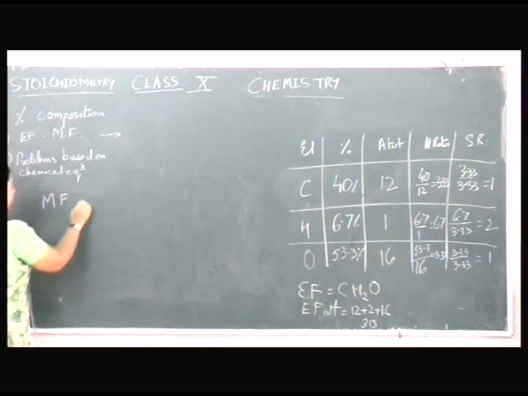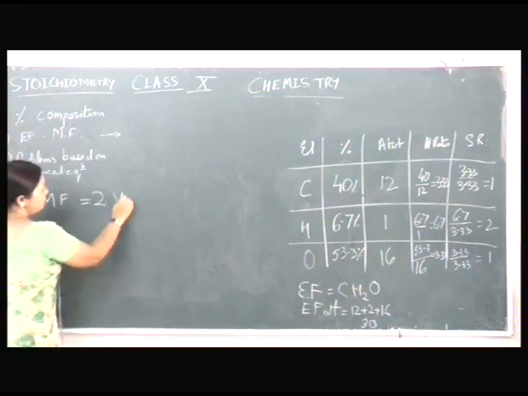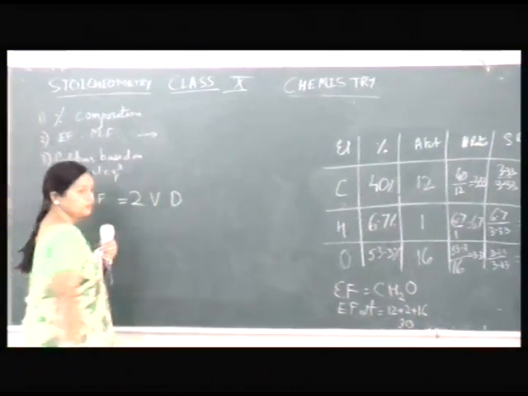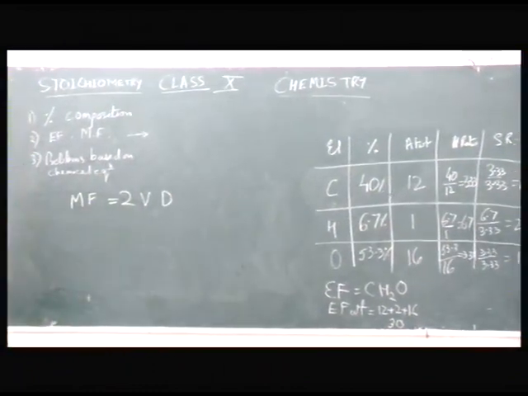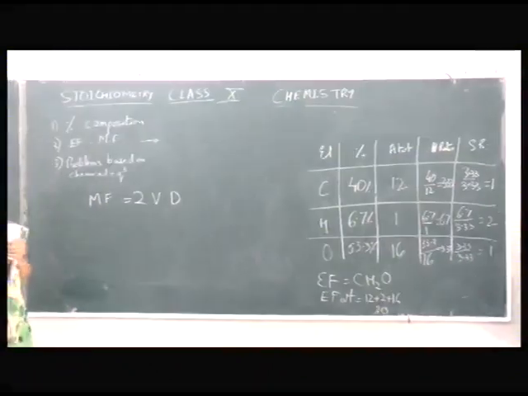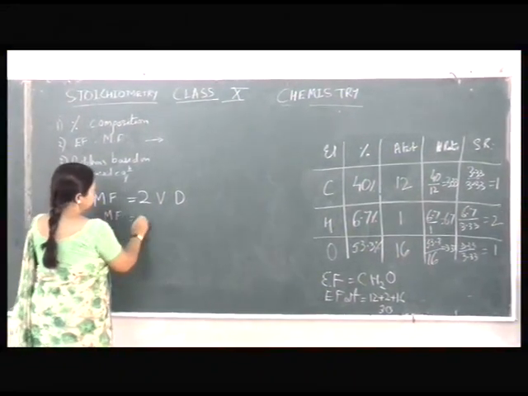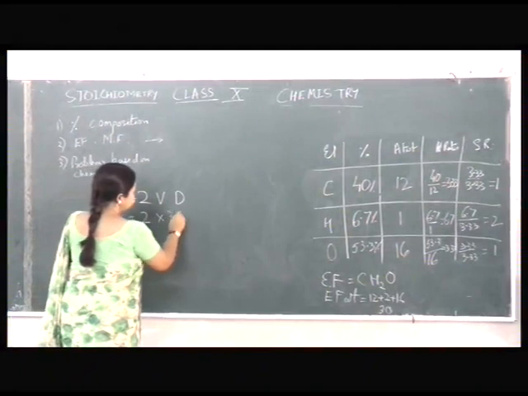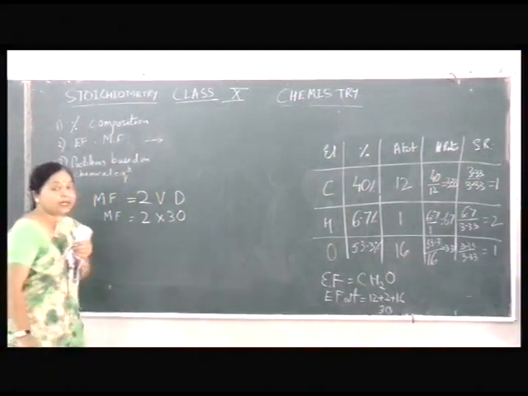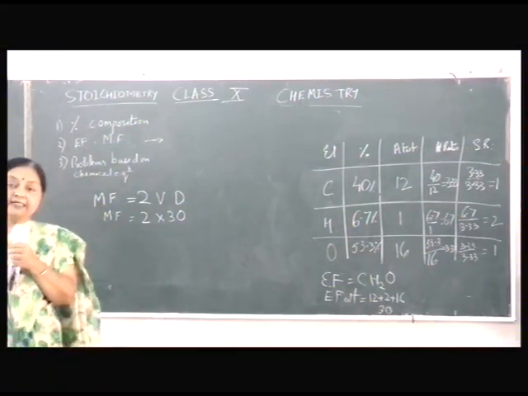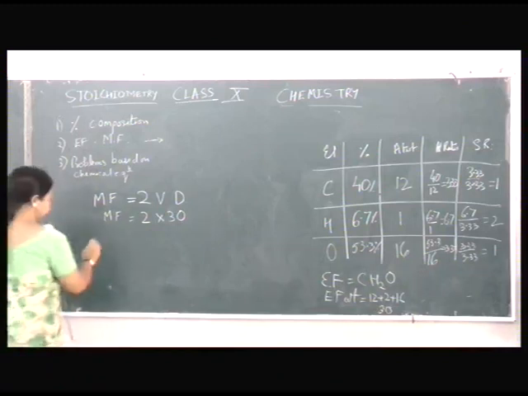Molecular formula weight is equal to twice vapor density. So what is the vapor density given over here? 30. So molecular formula weight is equal to 2 into 30. Now you have to calculate an integer n.